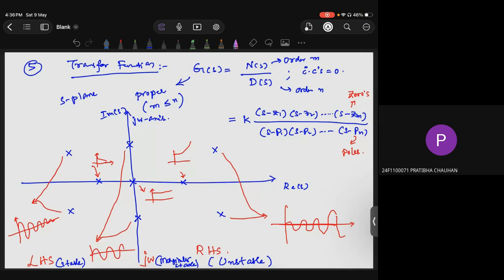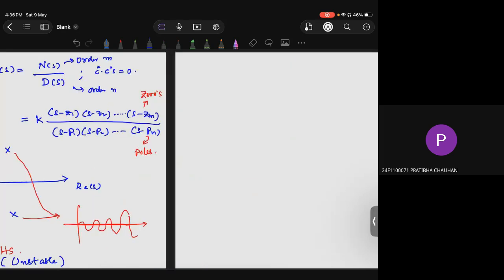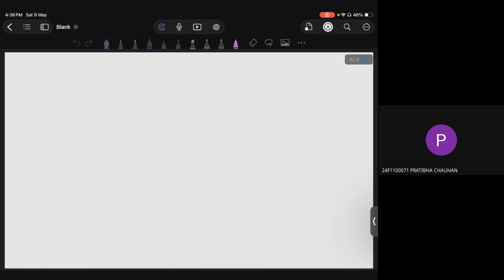Okay, then this is up to applying the Laplace transforms. The next step we have is time domain analysis. In the time domain analysis, we took the first order system.